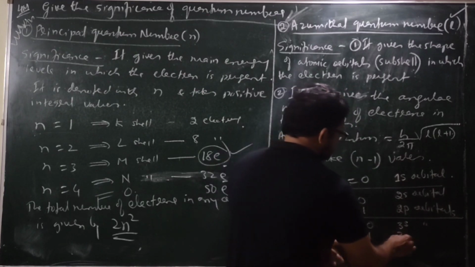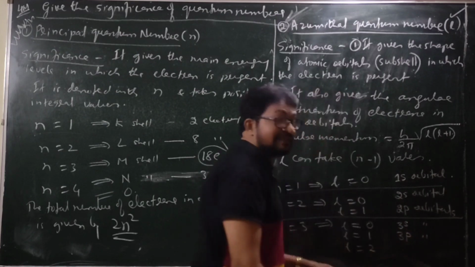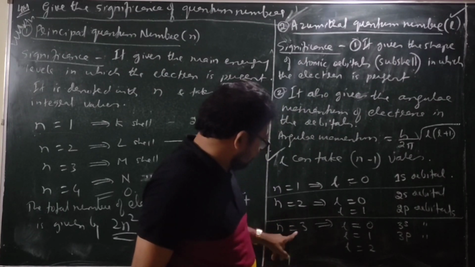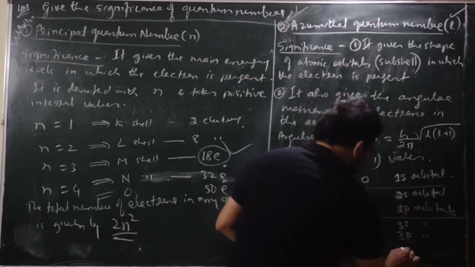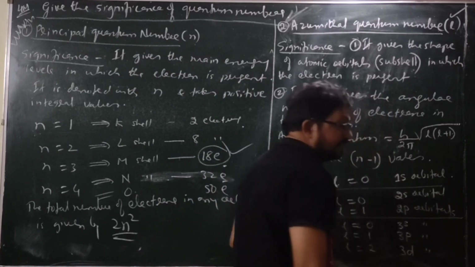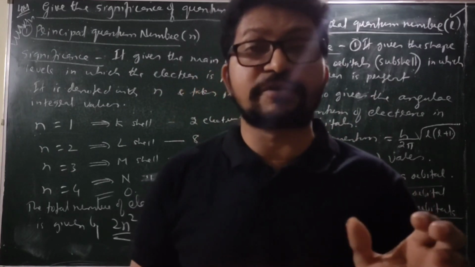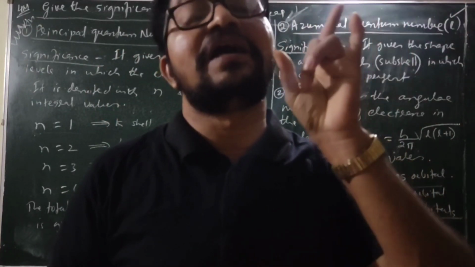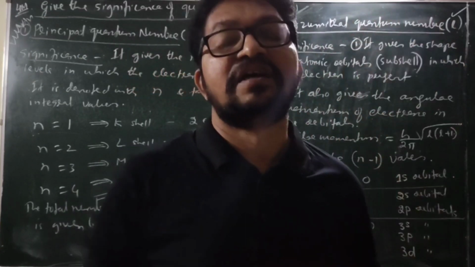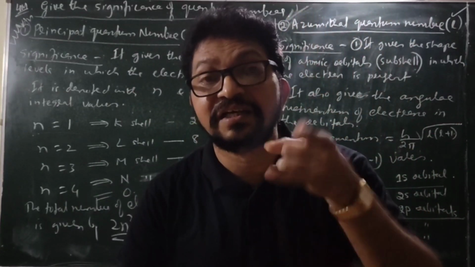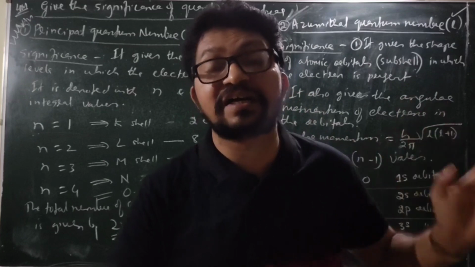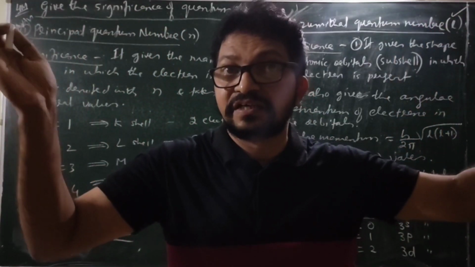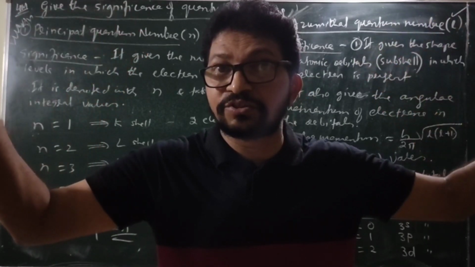L equal to 1, 3p orbital. L equal to 2, and n is 3, so therefore it is 3d. It means d orbitals start from the third orbit. K, L, M shell. From the M shell, d orbitals start. You are already aware of the shape of the orbitals. Try to picturize them around the nucleus.